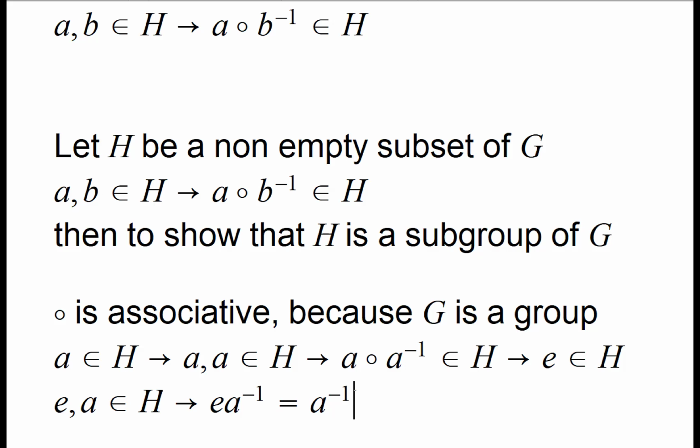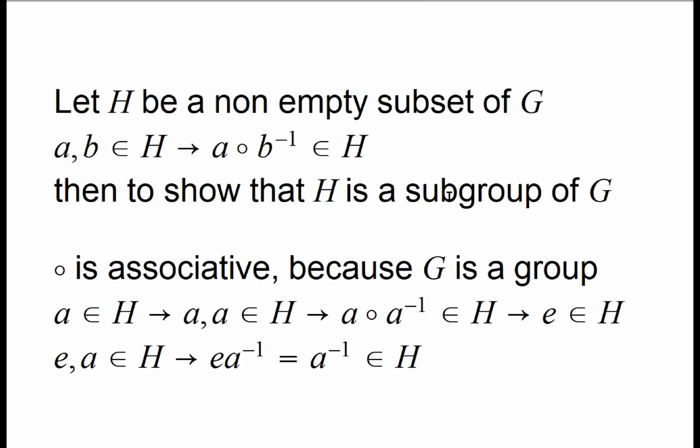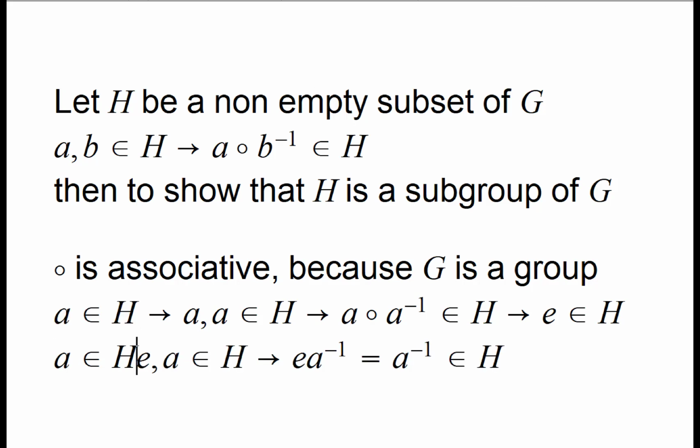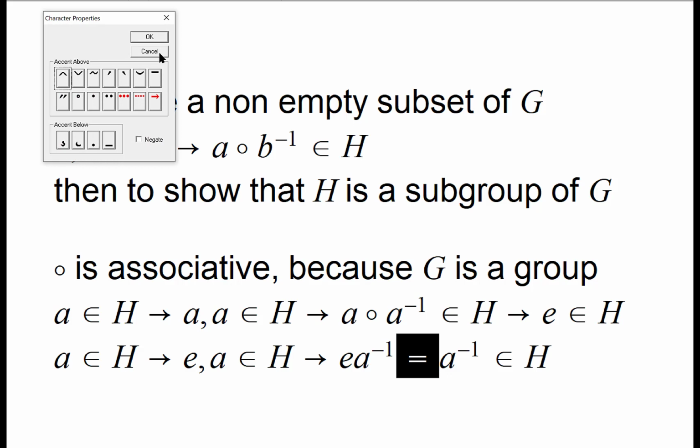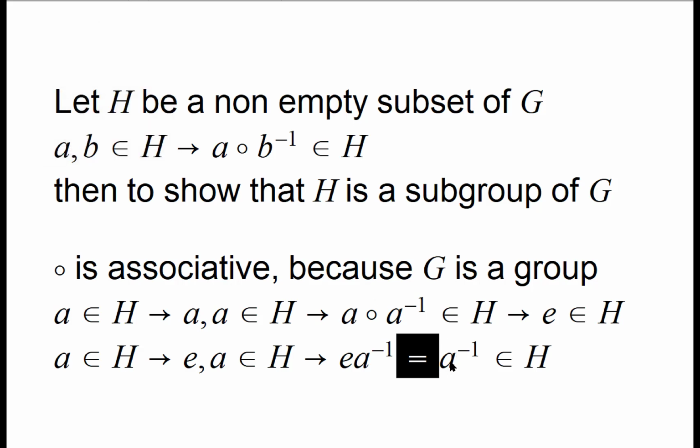So this gives us that A inverse is also in H. So if we have any A in H, and we already showed that E was in H, then instead of this A B, we got E A, and as an implication, that shows us that A inverse is also in H.